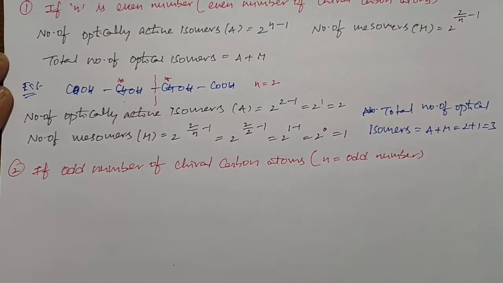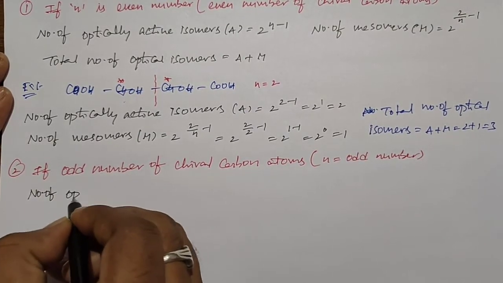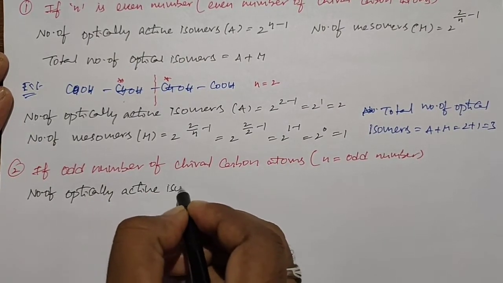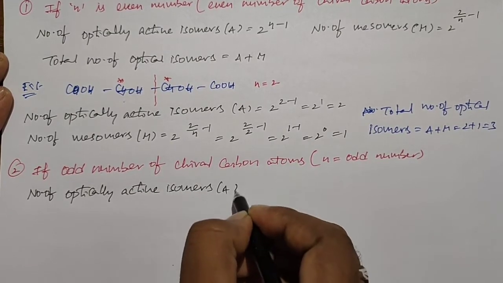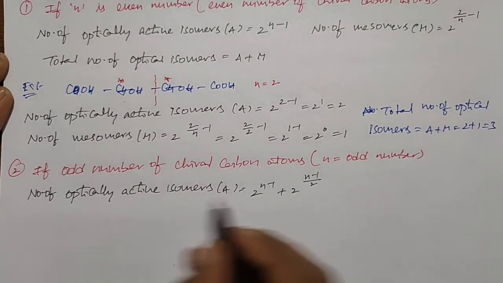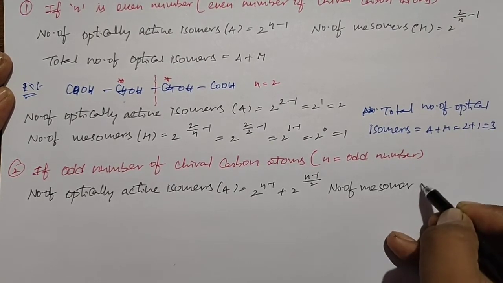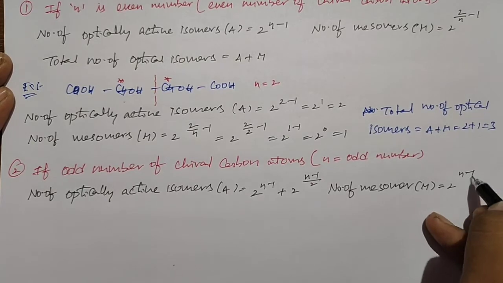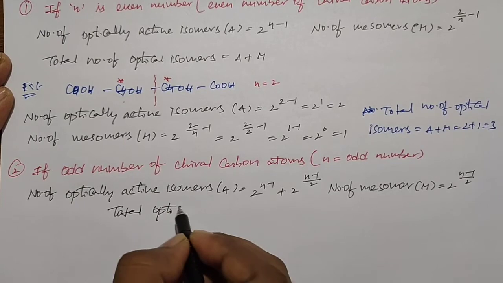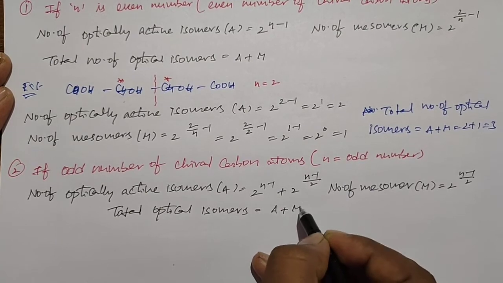Then the formula for number of optically active isomers, A, is equal to 2 power n minus 1 plus 2 power (n minus 1) by 2. At the same time, number of mesomers, capital M, is equal to 2 power (n minus 1) by 2. Then total optical isomers is equal to A plus M.